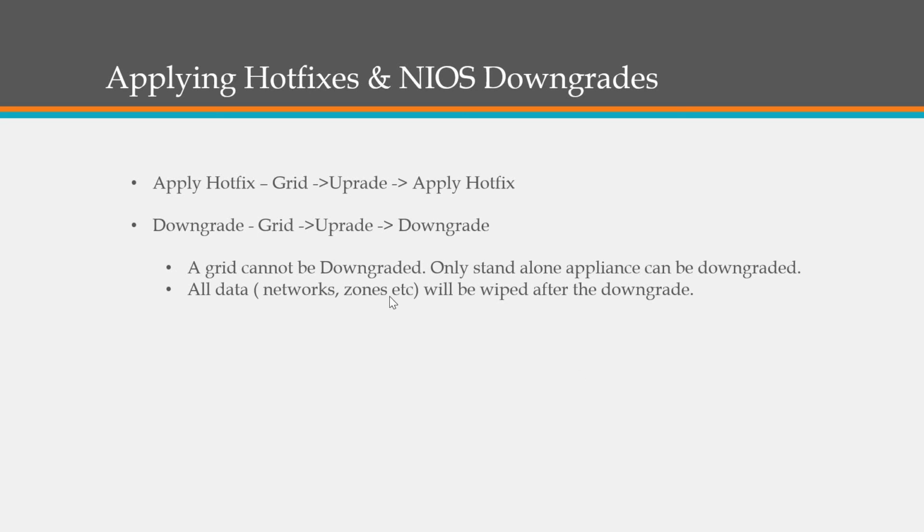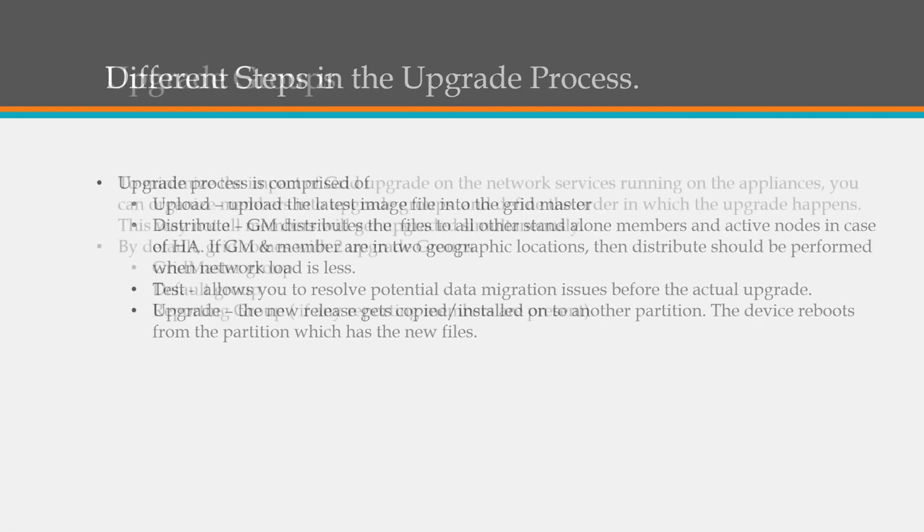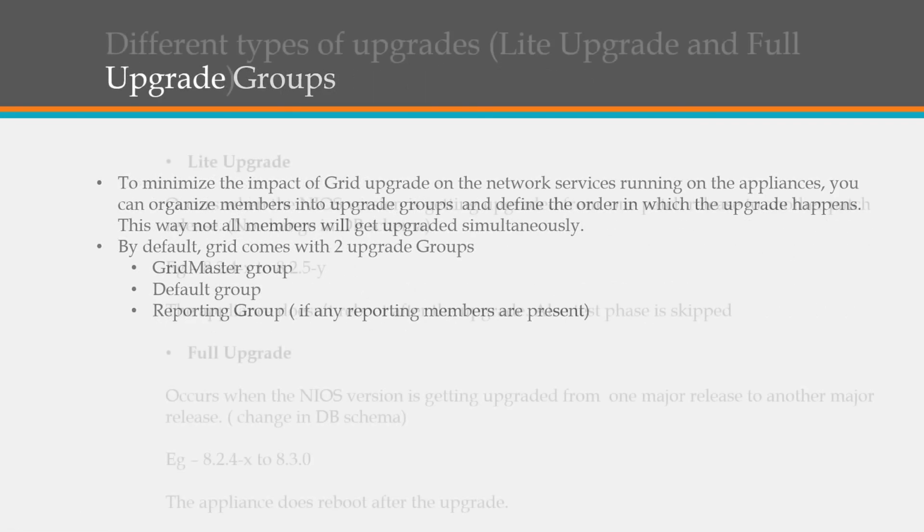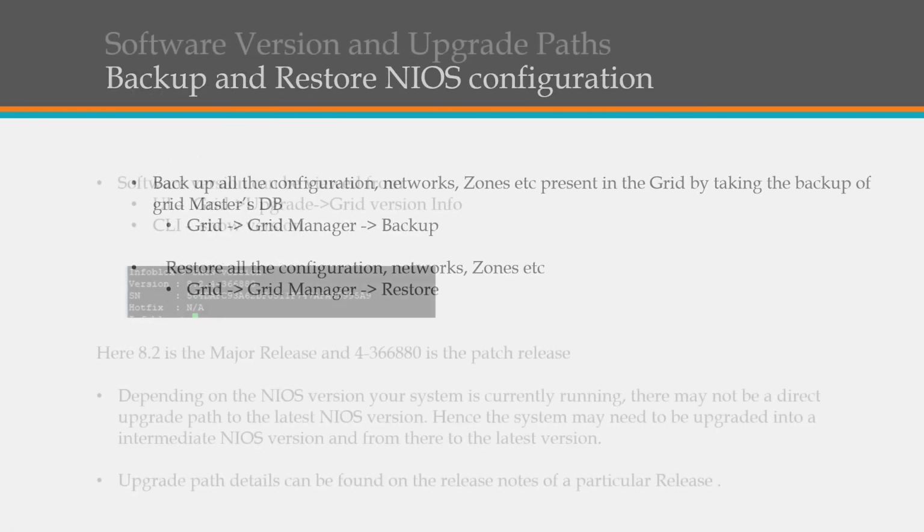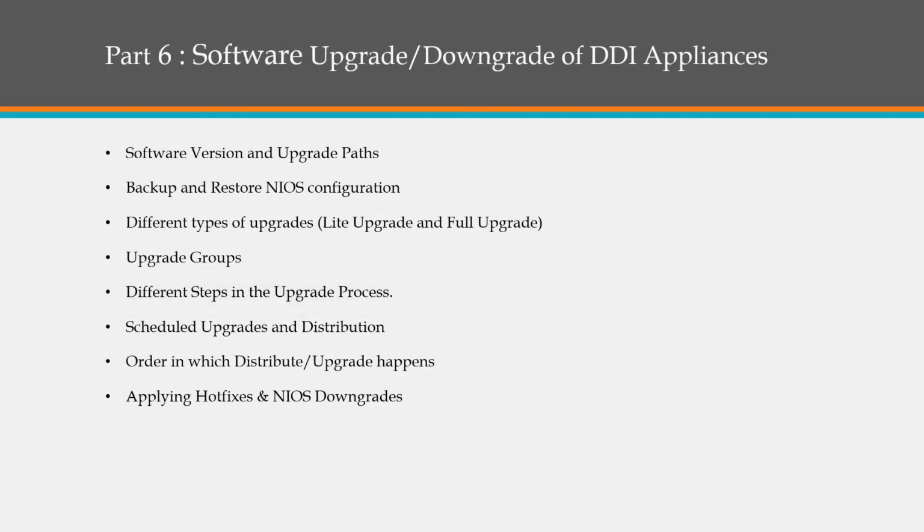Now let's quickly cycle through all the things that we learned today. First I explained how to view the current software version, and I talked about the upgrade parts, and then how to take a backup and how to restore the configuration that we have backed up into the same grid and also into a different grid.